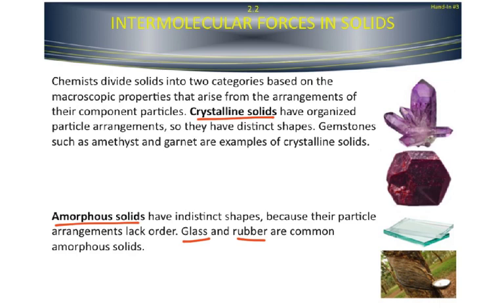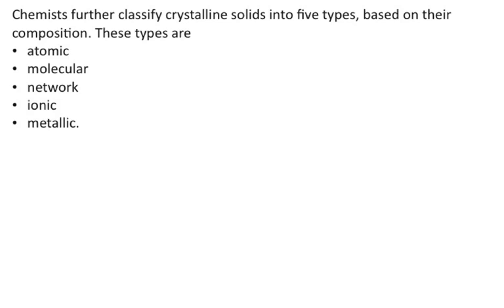When we start looking specifically at crystalline solids, we have five main types. Atomic solids, these ones, as the name would suggest, are formed from atoms, mostly covalent bonded molecules. Molecular fits under that category as well.